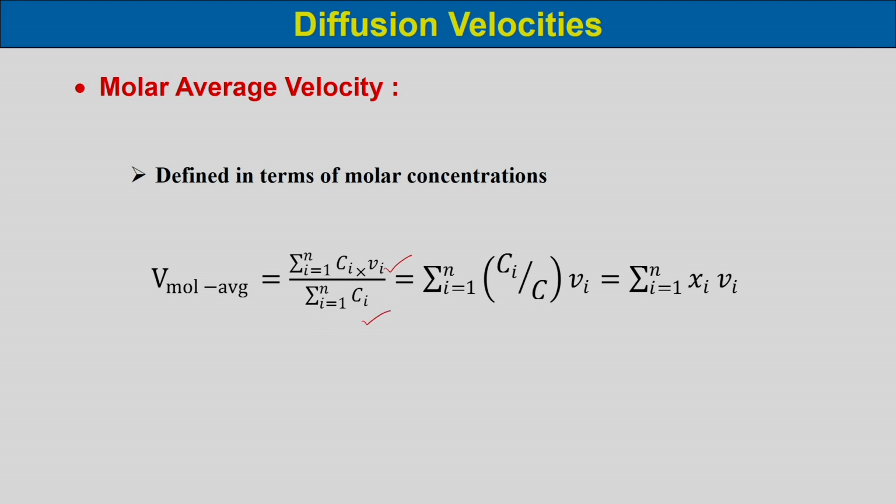So, it would be equal to summation over i equals 1 to n C i by C into V i. C i by C is the mole fraction, so we can write summation over i equals 1 to n x i V i, where x i is the mole fraction of species i.